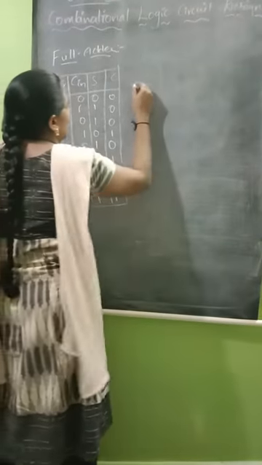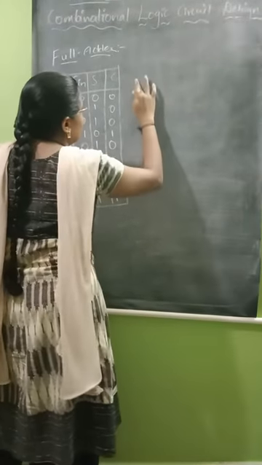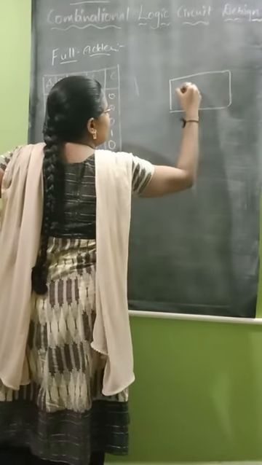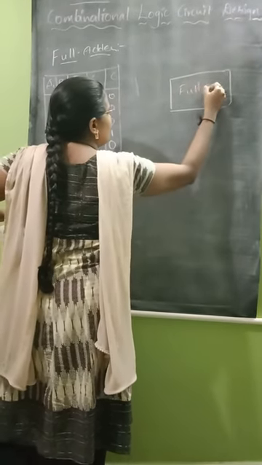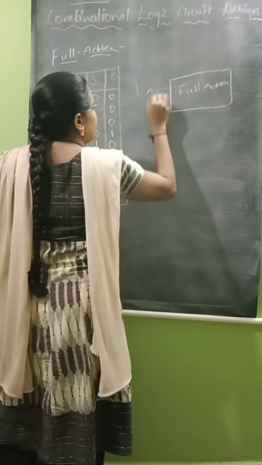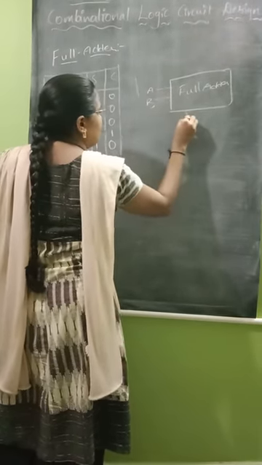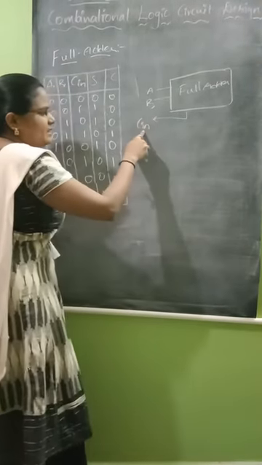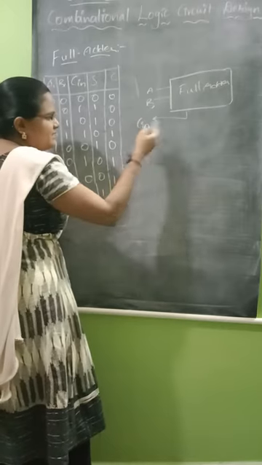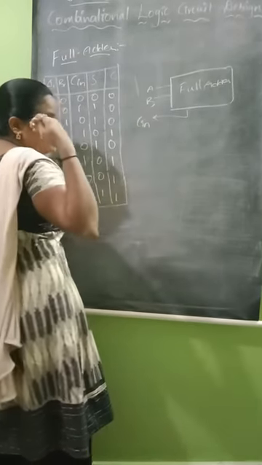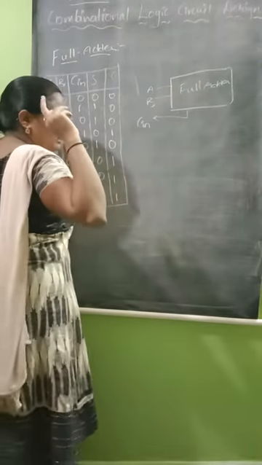So the block schematic diagram of the full adder: this is the full adder with three inputs, and here C in. The carry in comes from the previous column, meaning from the half adder.